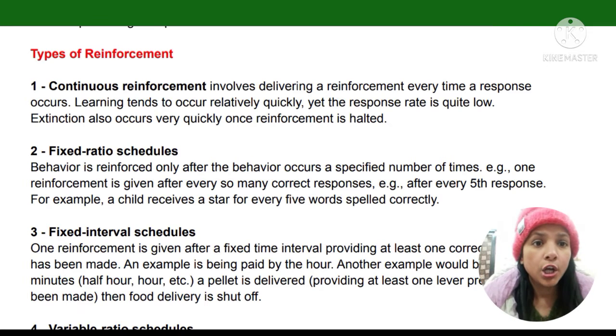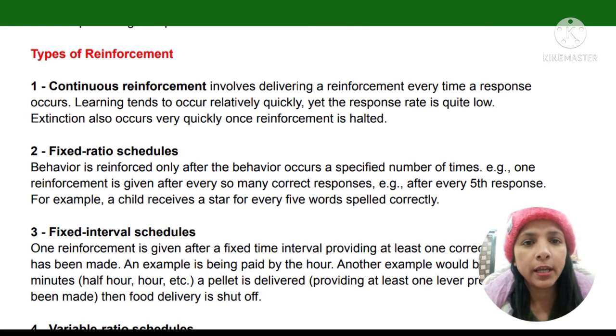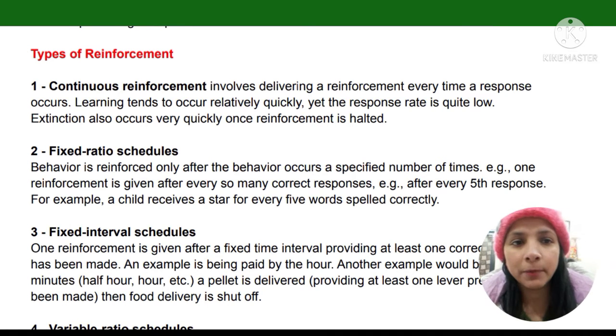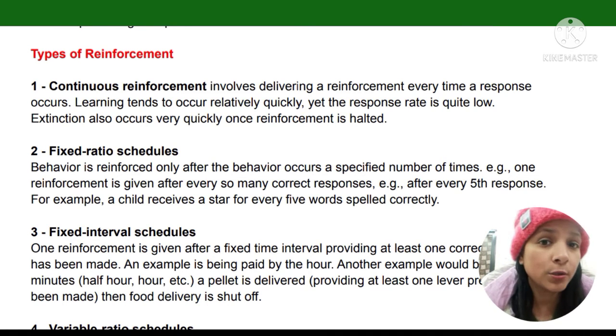Then the student will be motivated to recite the same table 5 times. So this is known as fixed ratio schedules, where we are telling and motivating the child to repeat the behavior. And we are also giving numbers of times, like 5 times, 6 times, 7 times.